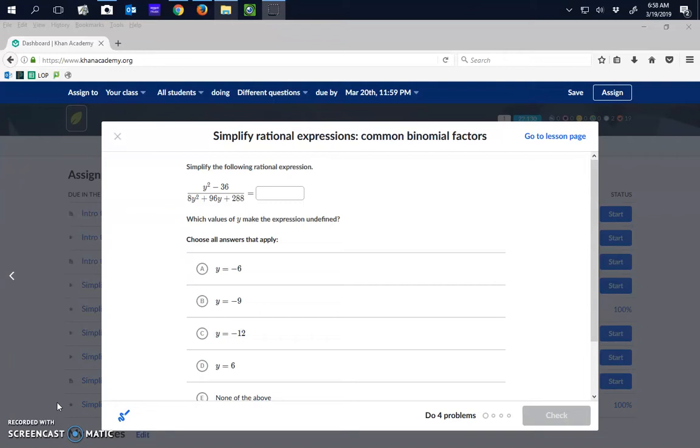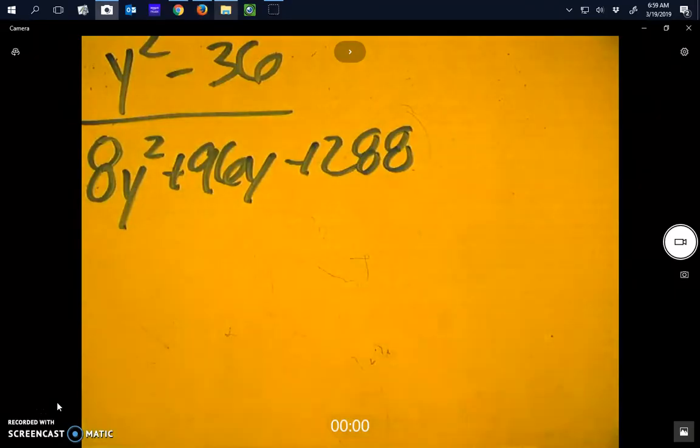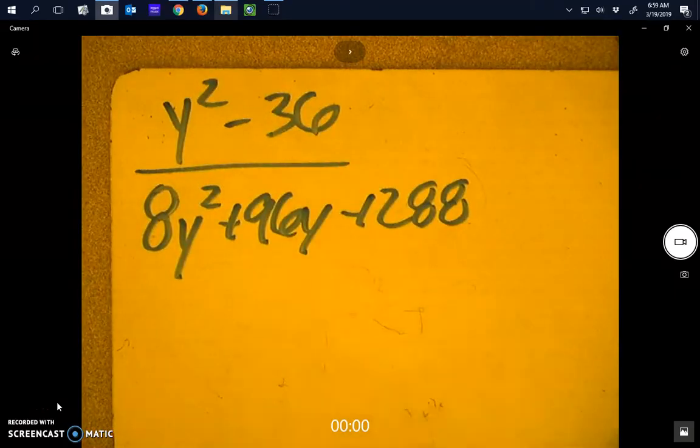So I'm writing this problem down, y squared minus 36. That's the difference of two squares. 96y plus 288. All right, so here's the problem. Like I said, the top here is the difference of two squares.